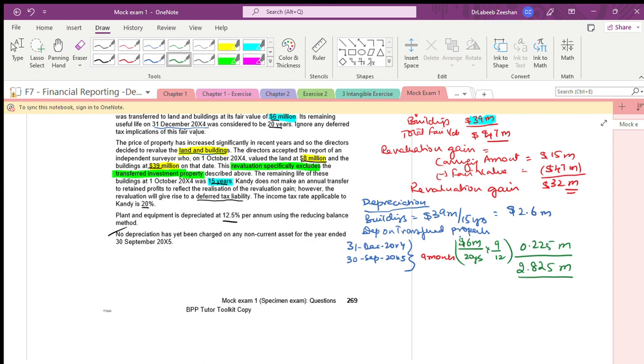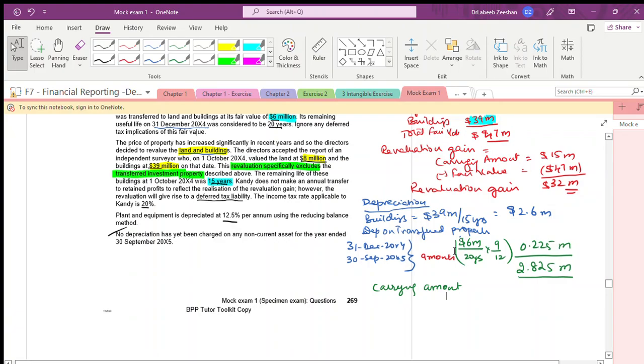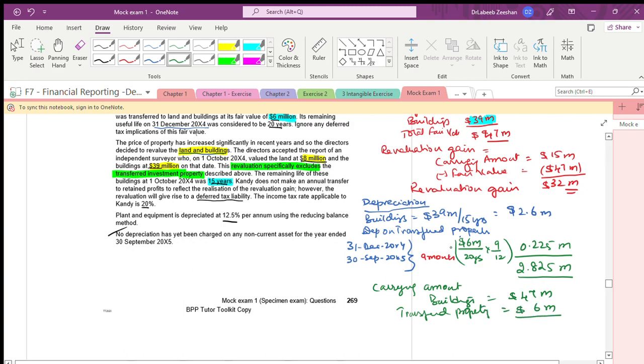Now the carrying amount. The fair value of the buildings carrying amount is 47 million. Next, the transferred property is 6 million.